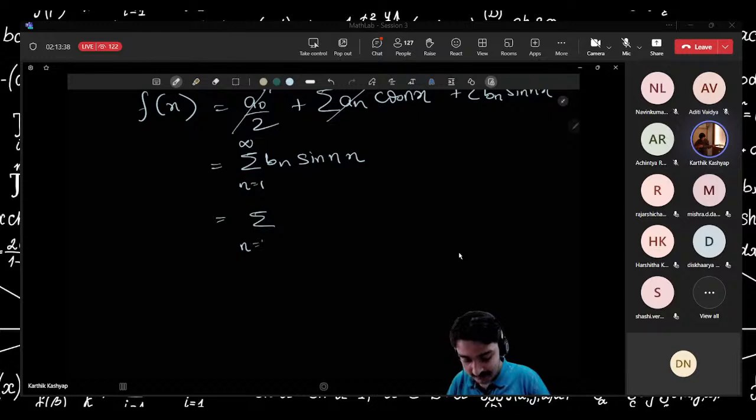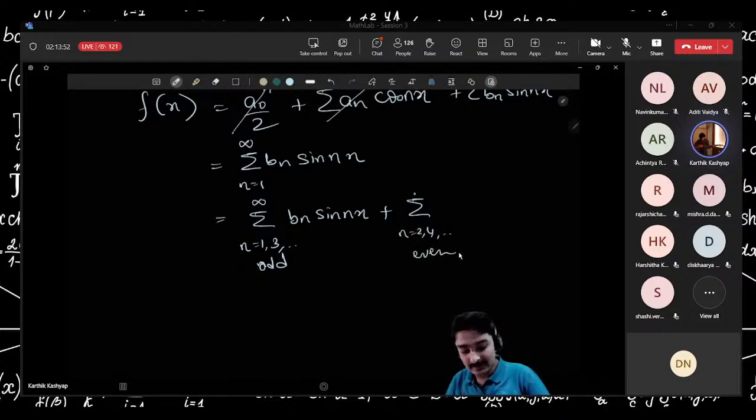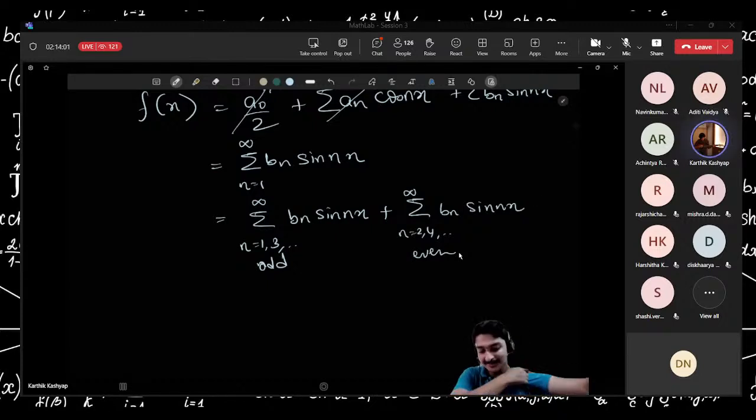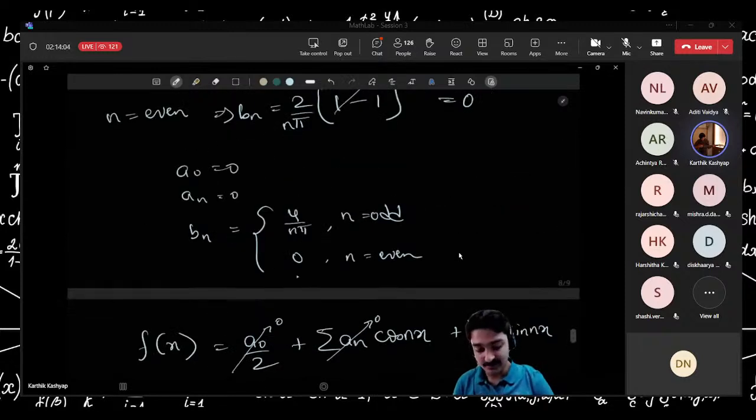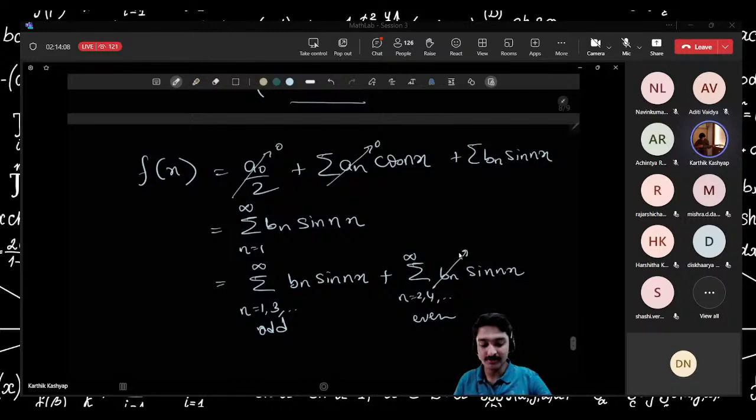N is equal to 1, 3, and so on, that is n is odd, till infinity, bn sin nx, plus summation n is equal to 2, 4, and so on, even, till infinity, bn sin nx. So we have split this into n is equal to even and n is equal to odd. We have seen that bn is equal to 0 for all n even. So this entire summation will be equal to 0.